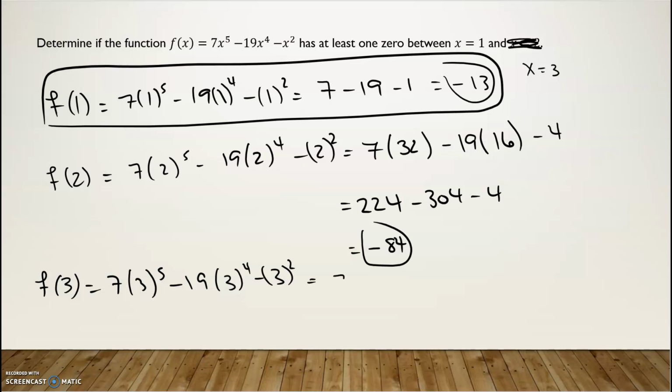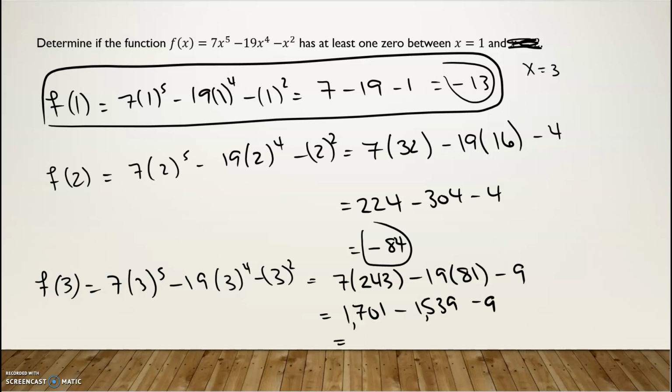That's 7 times 3 raised to 5, which is 243, minus 19 times 3 raised to 4, which is 81, minus 9. 7 times 243 is 1701, minus 19 times 81, which is 1539, minus 9.